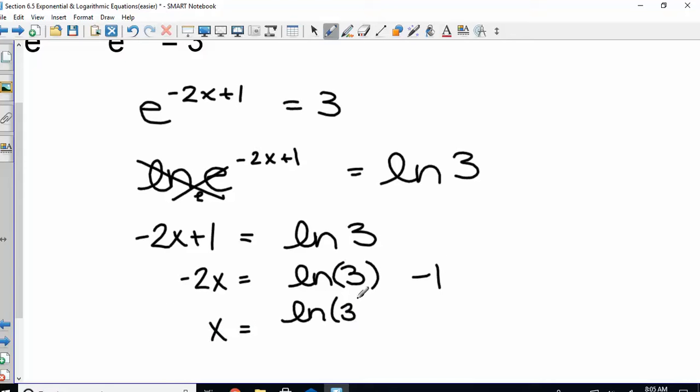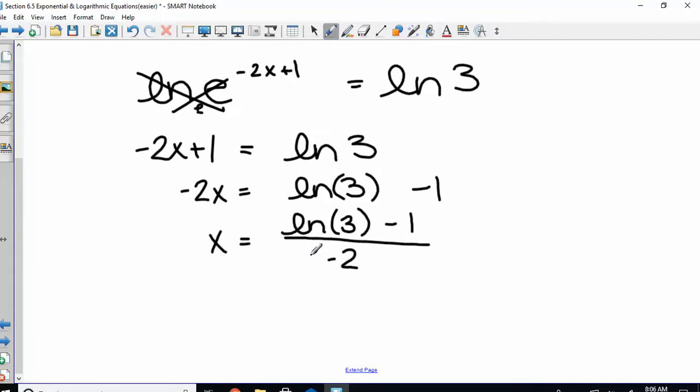When we do the homework off this, we're going to do one Math Excel assignment, and it will ask for two things. It's going to ask for the exact answer, which is this, and then it'll ask for the decimal approximation. So to get the approximation, when I plug this in, you do need to make sure and put parentheses around the entire numerator as well as the argument on your log.